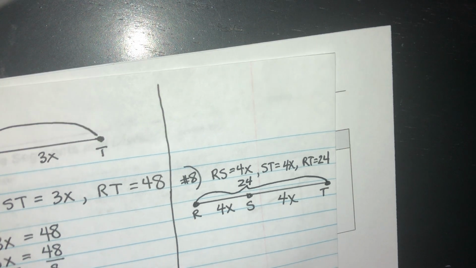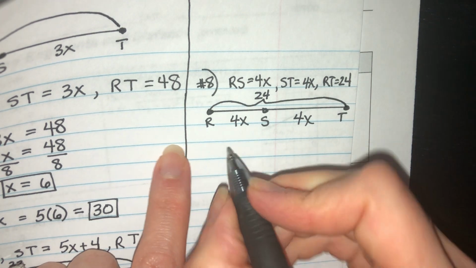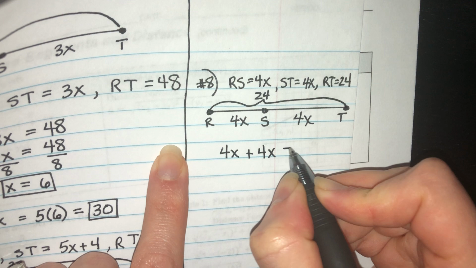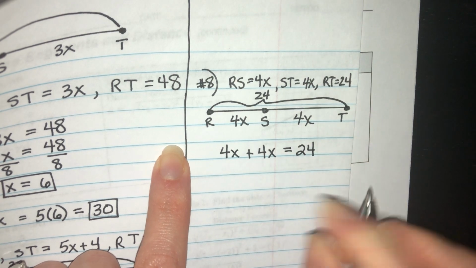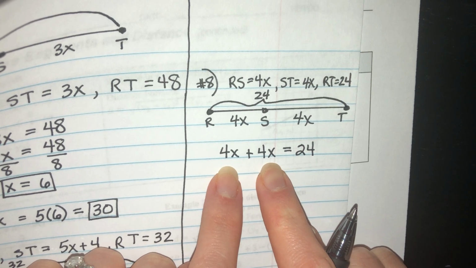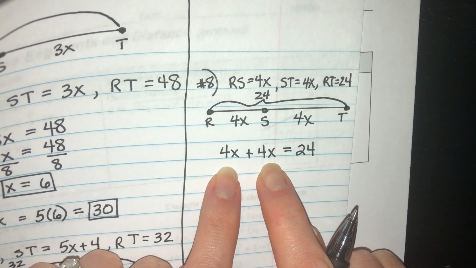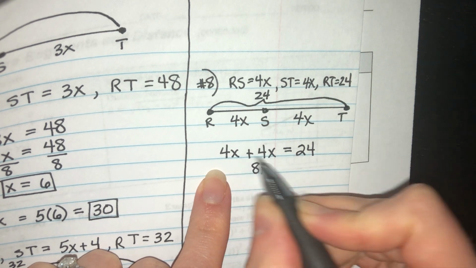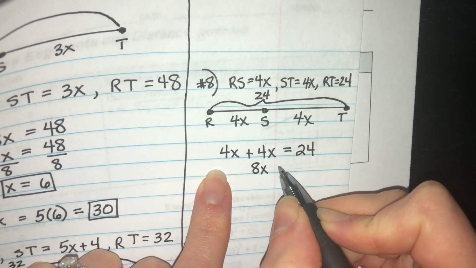So now I'm going to write an equation. The two smaller pieces equal the whole length. So 4x plus 4x would have to equal 24. These are both like terms because they both have x's in them, so I can combine them. 4x plus 4x equals 8x, adding those coefficients in front of the variables.